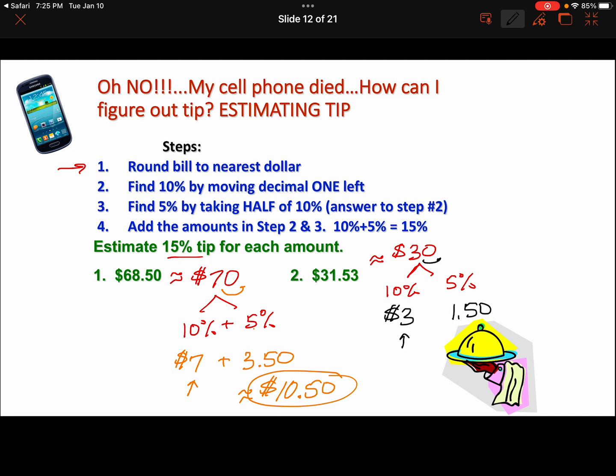So 5% would be $1.50, and so the tip would be $4.50. Okay, now, if you go back and think, on the first one we had an exact tip of $10.24, and on number 2, the exact tip was $4.74. So you can see, you can estimate rather quickly in your head using the 10% and 5% rule.